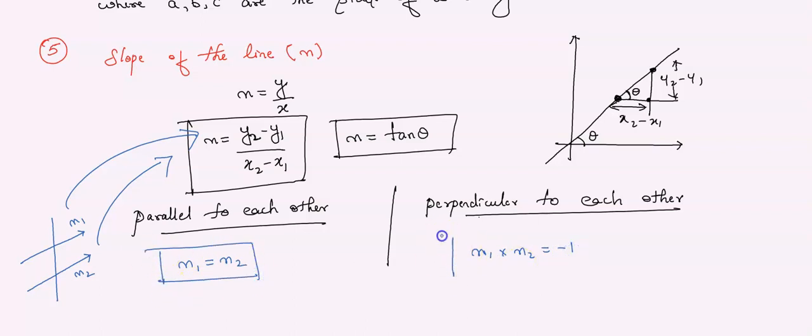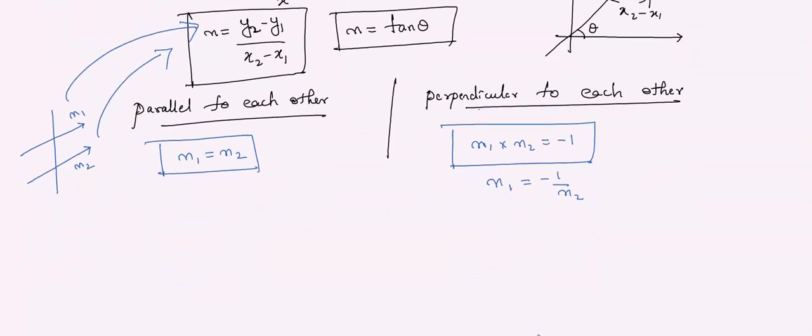This can also be written as m1 equals minus 1 by m2. Just cross multiply. m1 equals minus 1 by m2 when the slopes are perpendicular to each other. Concepts are clear?